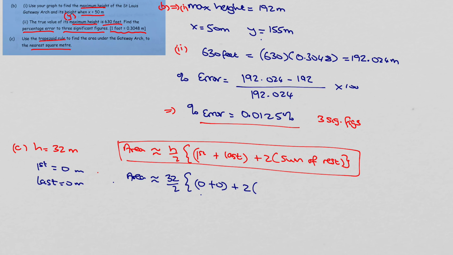So subbing that in here, we have 2 times 126, 178, 192, 178, and 126. So the area under the curve is approximately equal to, to the nearest square metre, 25,600 metres squared.